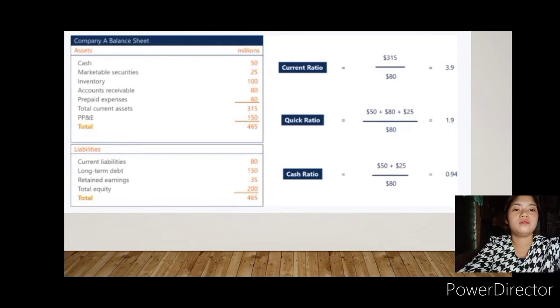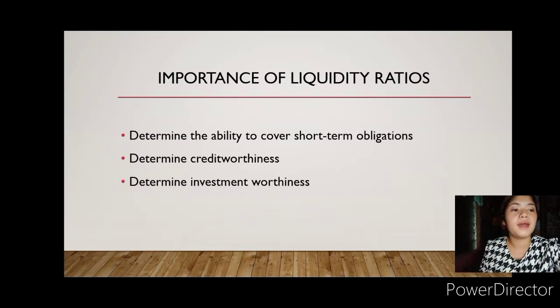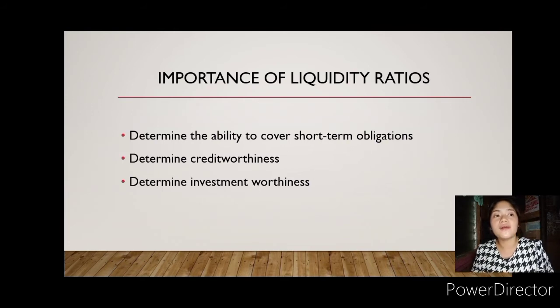So, next, importance of liquidity ratios. First is to determine the ability to cover short-term obligations. Liquidity ratios are important to investors and creditors to determine if a company can cover their short-term obligations and to what degree. A ratio of 1 is better than a ratio of less than 1, but it is not ideal.